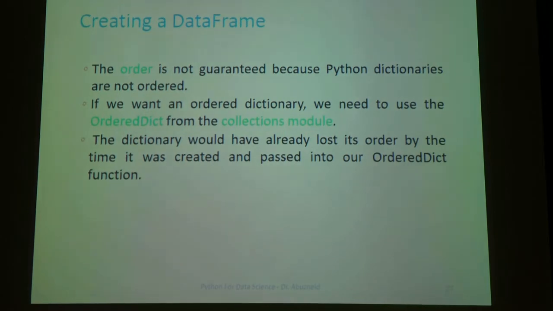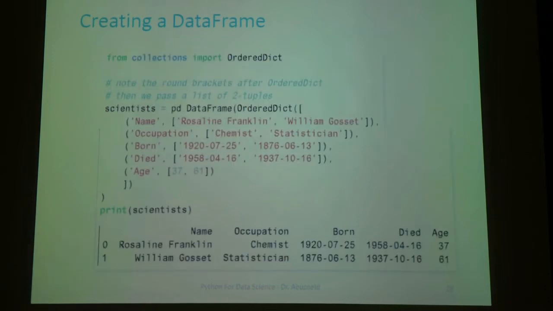The order is not guaranteed because Python dictionaries are not ordered. If we want an ordered dictionary, we need to use OrderedDict from the collections module. So you have to import it from collections.